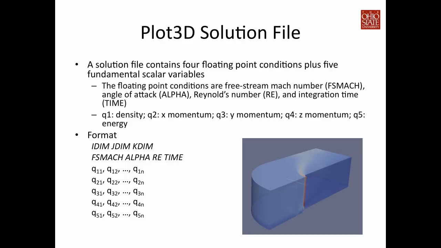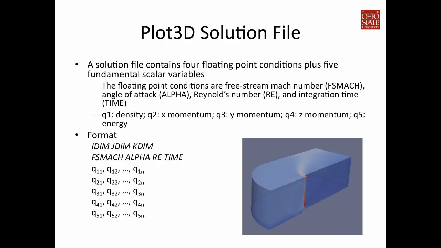So you have Q1 to Q5, 5 variables. And also you could have some attributes about the simulation. For example, the free stream Mach number, the angle of attack that you are trying to simulate, and also the Reynolds number and the integration time.